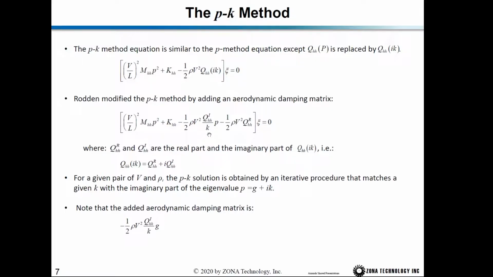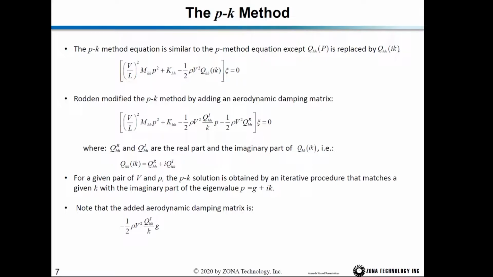Then we put the real part here times the dynamic pressure, and we write the imaginary part here, divided by k and times p, because p equals gamma times k plus ik.